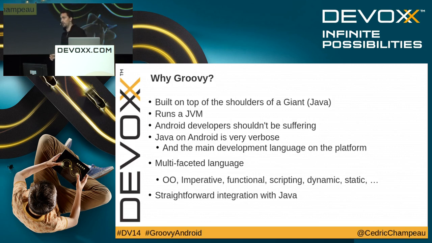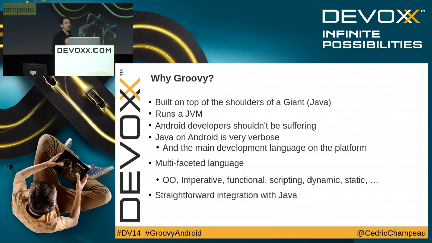It's mainly focused on object-oriented programming. We have flavors of functional programming. We have closures, for example. So Groovy is a powerful language that lets you do multiple things, and you have the choice to do whatever you want.